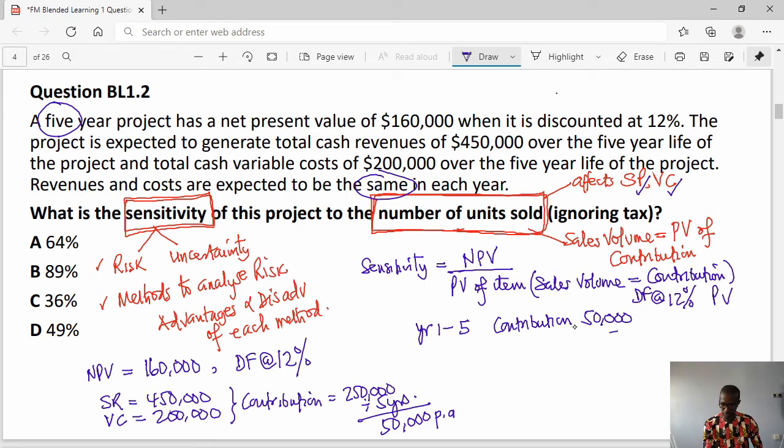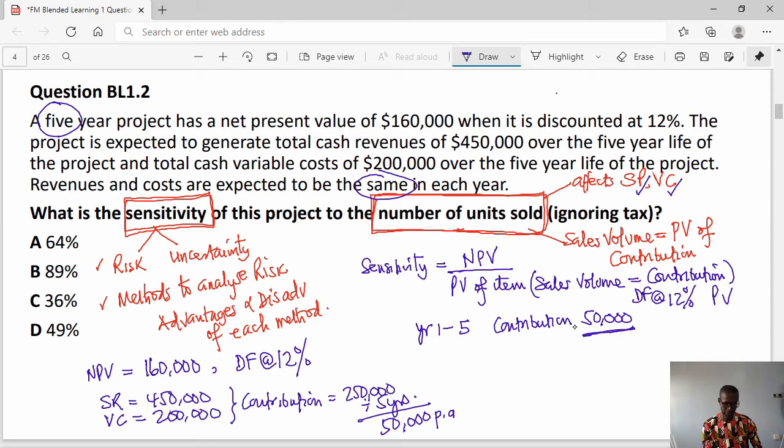You know contribution per annum to be 50,000, but I need to find the present value. And because it's the same amount from year 1 to year 5, we can use the annuity table. Having your table with you at home or wherever you are studying, look at the annuity table, not the present value table, because it's the same amount for a defined period of time.